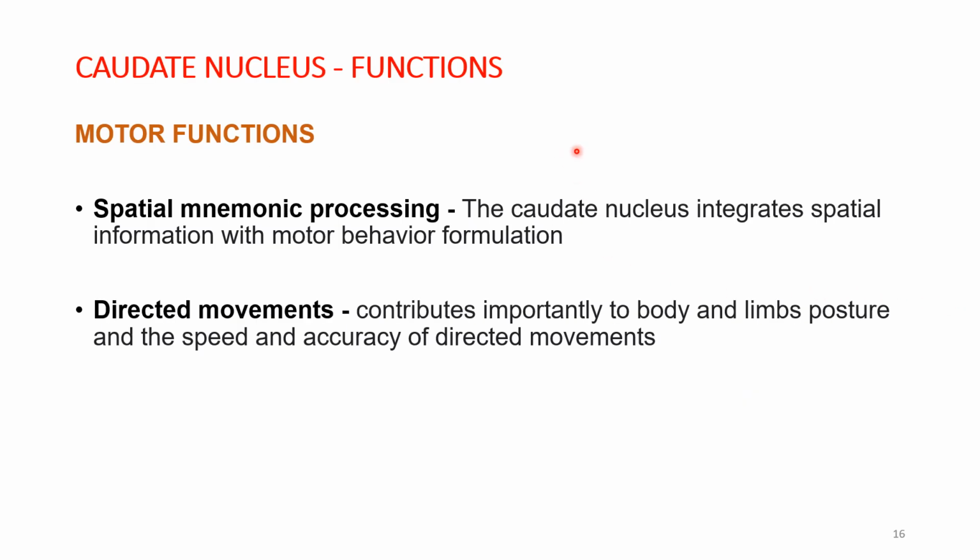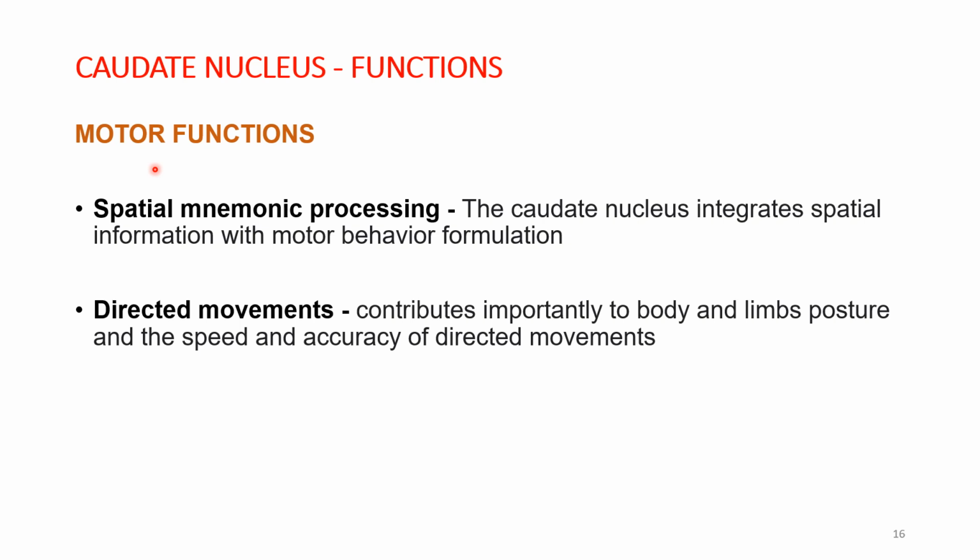Next, coming to the functions of the caudate nucleus. What are the functions? It performs motor functions and cognitive functions. We have discussed the classifications of the basal ganglia, functional and phylogenetic classification.